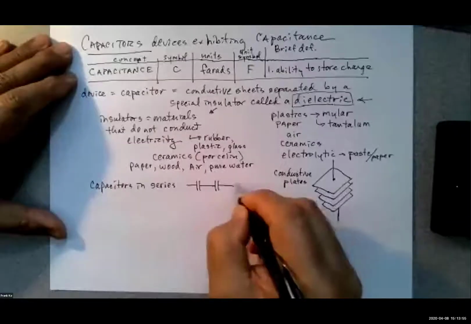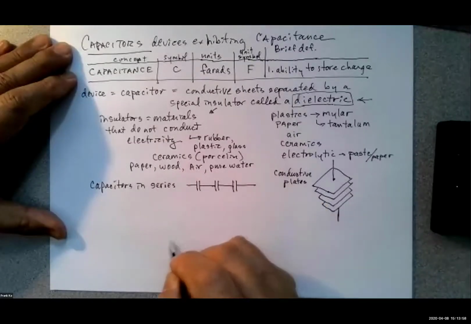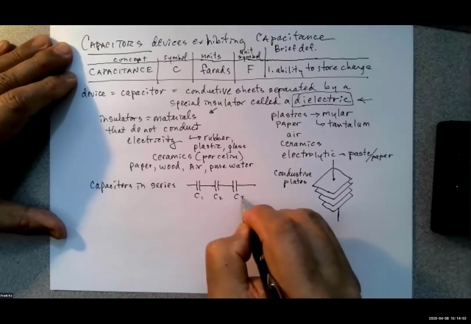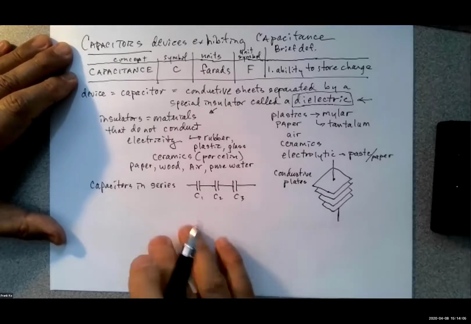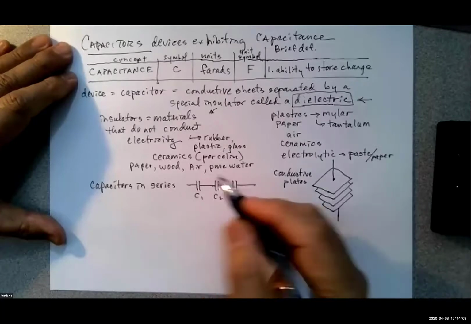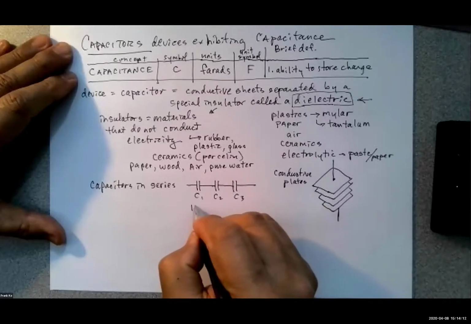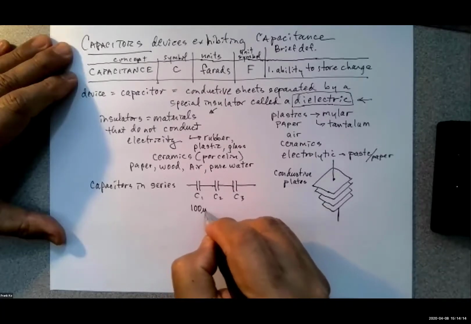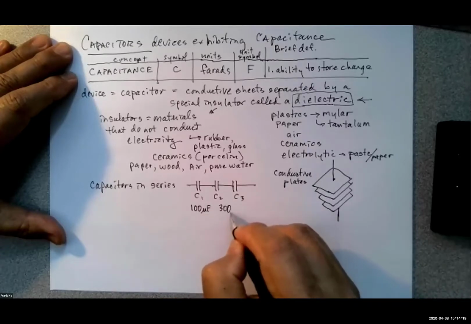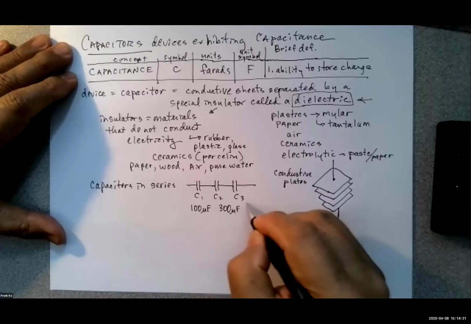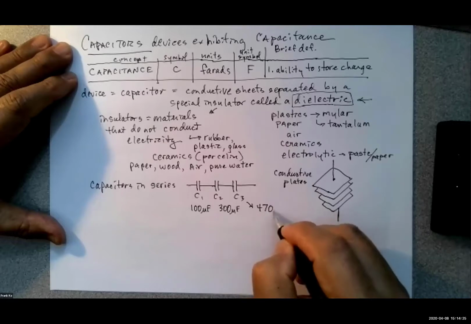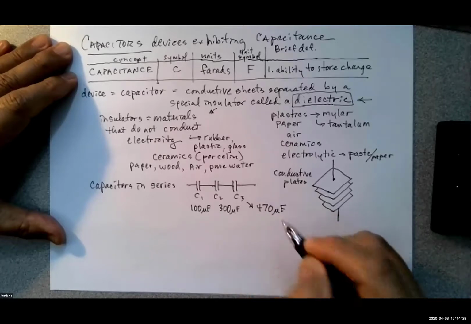So a pair of parallel lines is the common symbol that's used for capacitors, and we would name them C1, C2, and C3. And if I have these 3 in series, suppose this one happens to be 100 microfarads. This one is 300 microfarads. And the last one happens to be 470 microfarads.